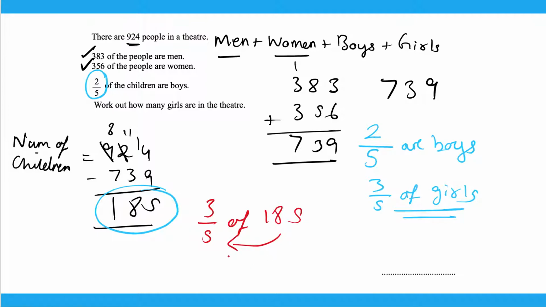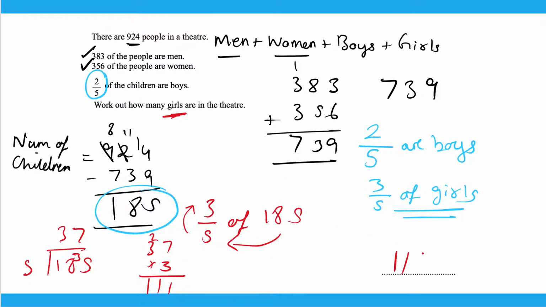You would divide again, and then you would multiply. So 185 divided by 5, well, that would get you 37, and then you would do 37 multiplied by 3, which would get you 111. Okay, so the total number of girls in the theater is going to be 111.